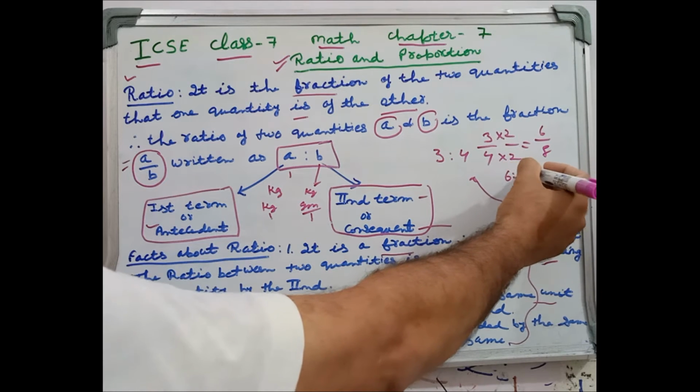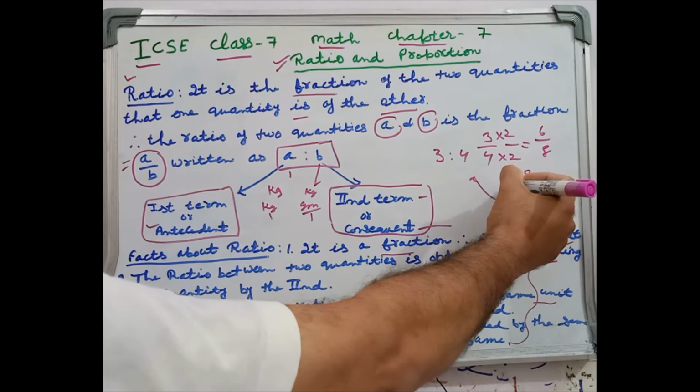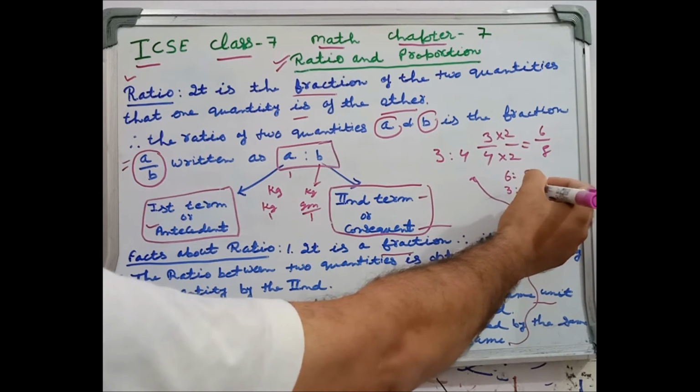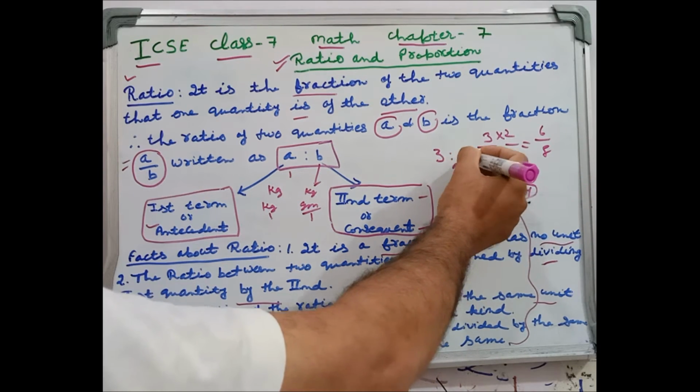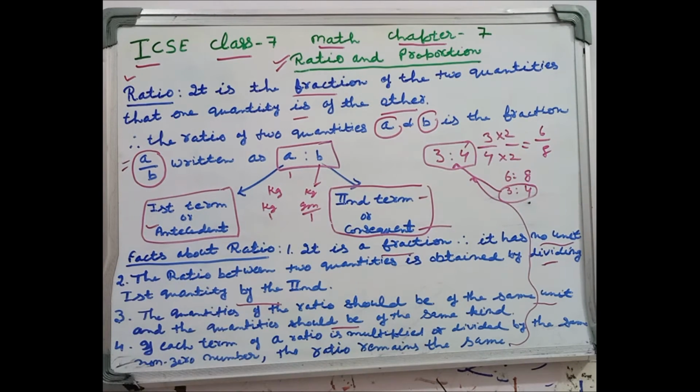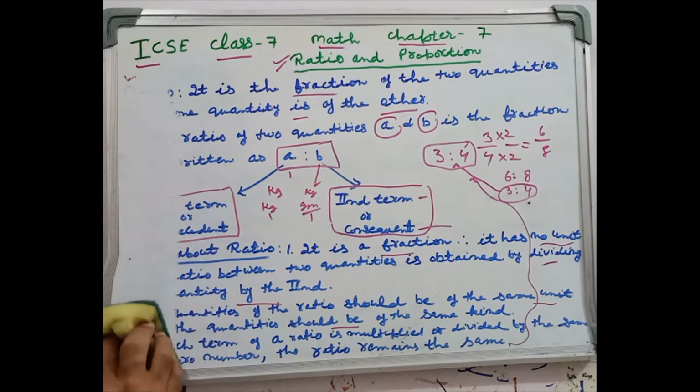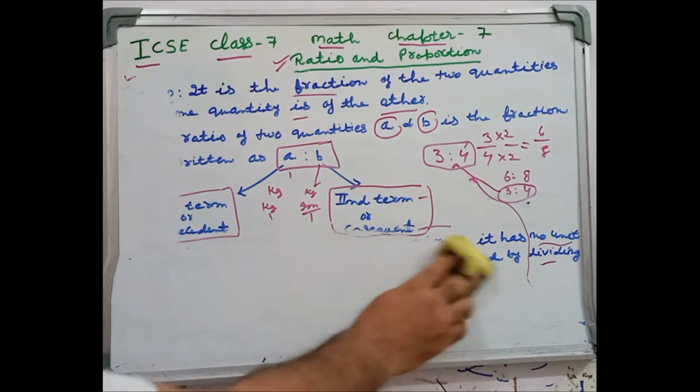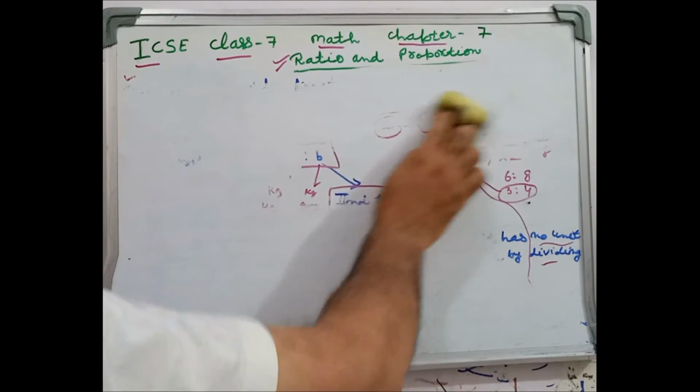If we solve this, we will get 3 by 4, the same result. The ratio will remain the same. So these are some points about ratio you should always keep in mind while solving the exercise. Now let's move to the next.